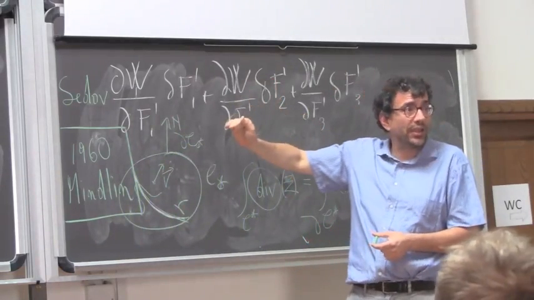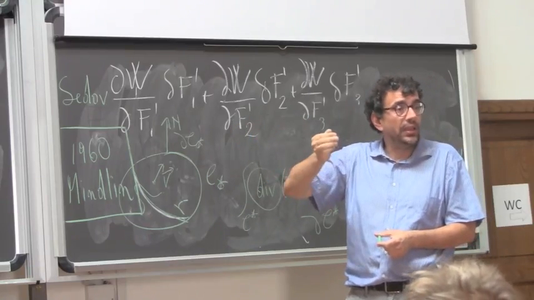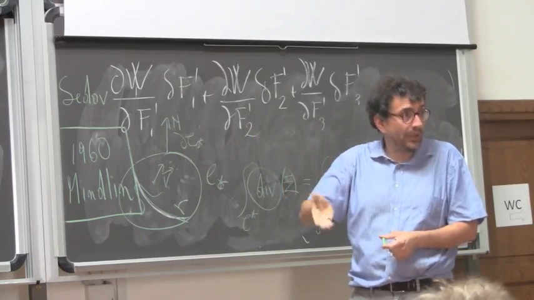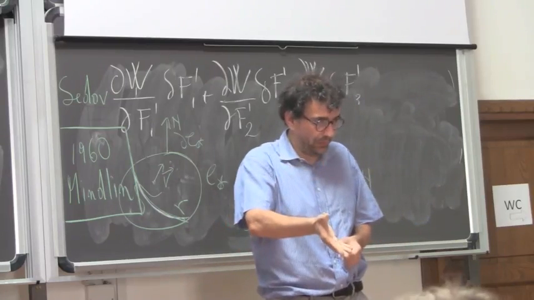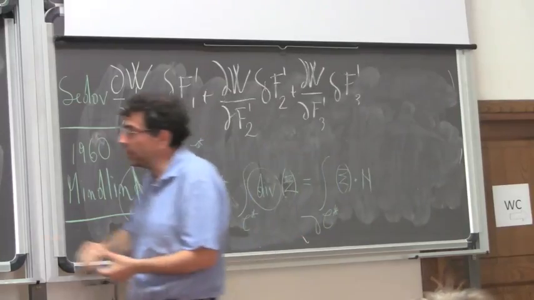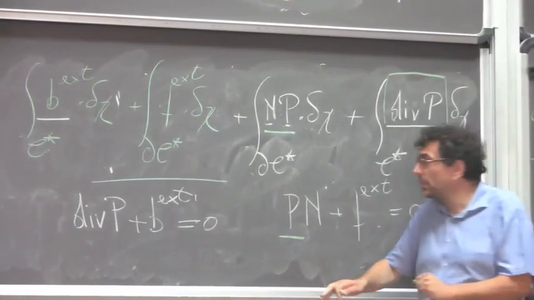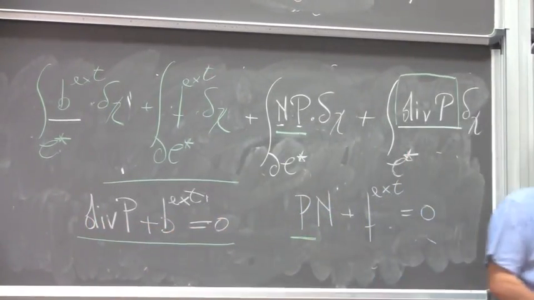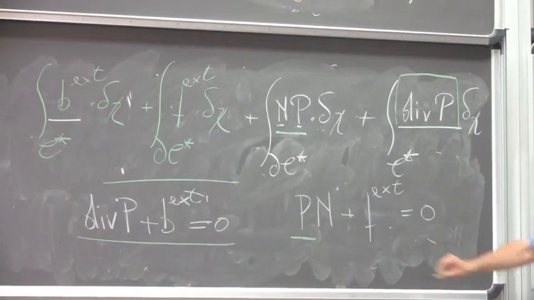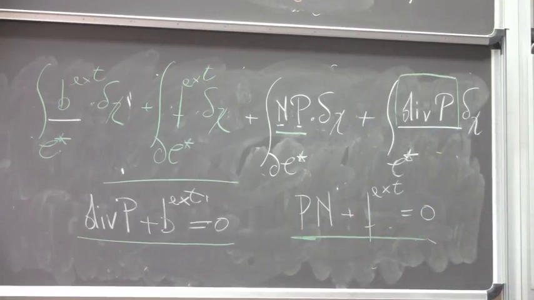With the simple integration by parts and imposing the postulate of the minimum of energy, you get as a result that you have a tensor P, and that the equilibrium is given by this volume equation and this surface equation. Moreover, you immediately have a strong message.